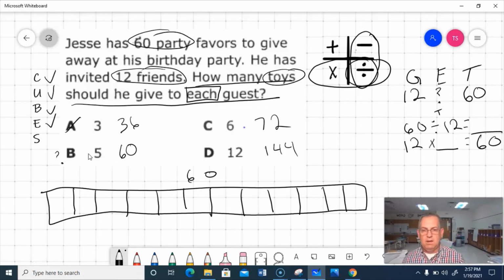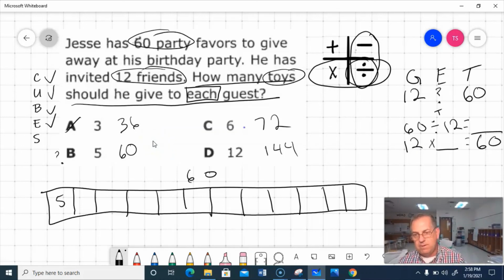Let me double check, make sure I got 12 here. That's 1, 2, 3, 4, 5, 6, 7, 8, 9, 10, 11, 12. So I did end up with 12. I'm going to double check using the answer that we said. We said it's 5 in each group, and I can draw 5 in each group.